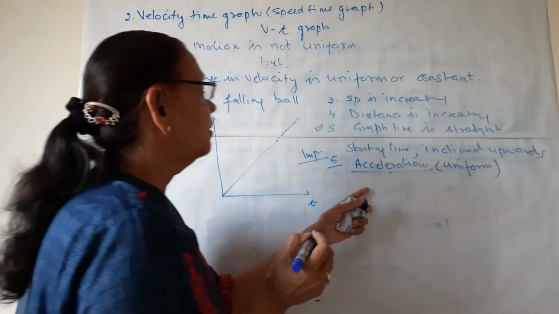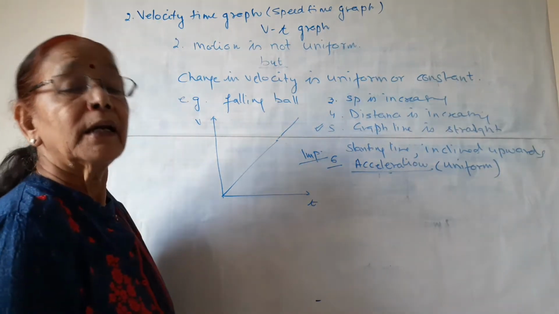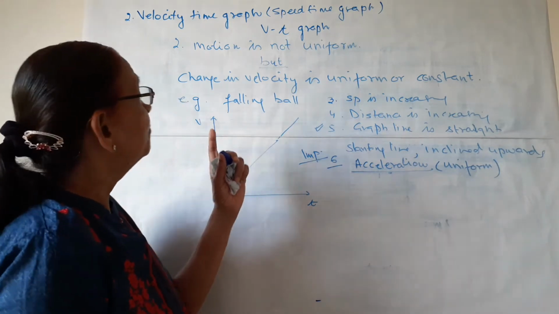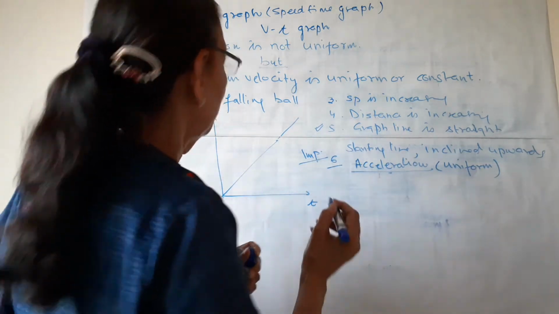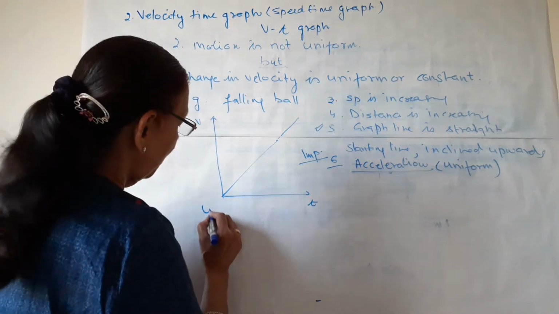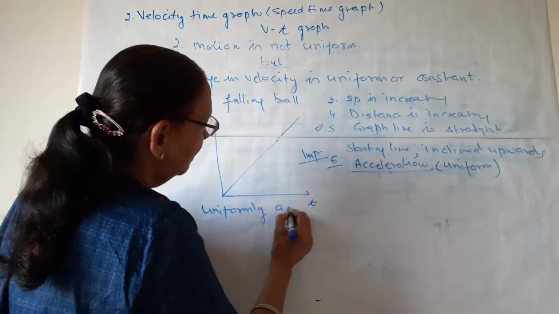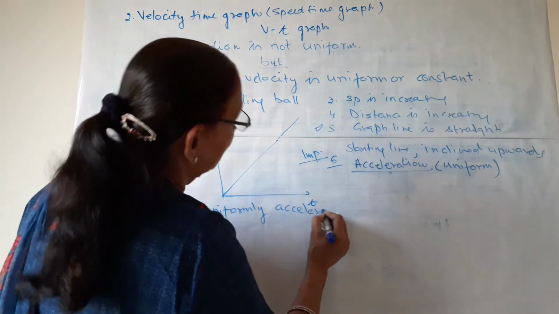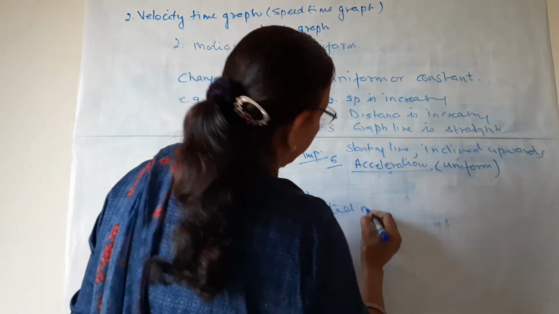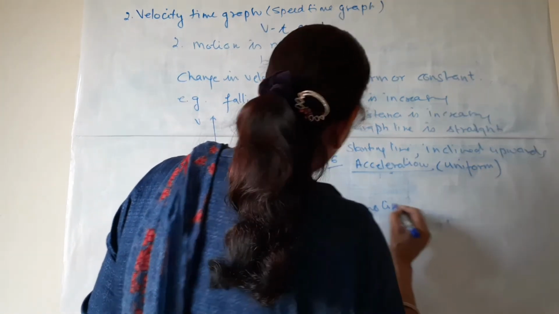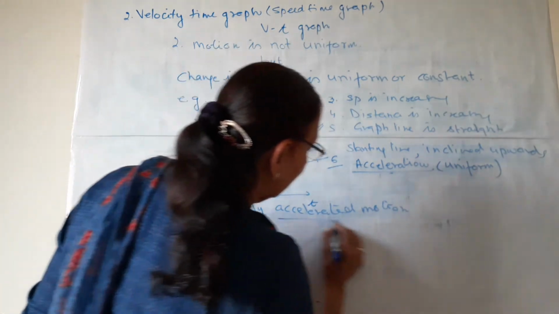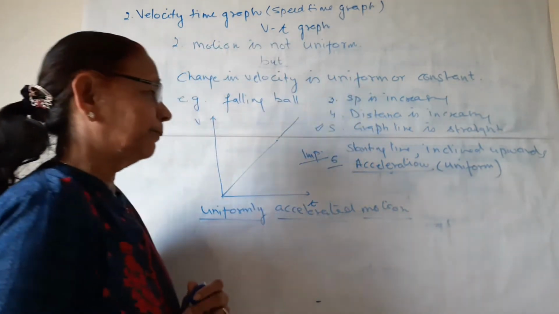Uniform acceleration is shown by this graph line. So this type of motion is also known as uniformly accelerated motion. So these motions are uniformly accelerated motion.